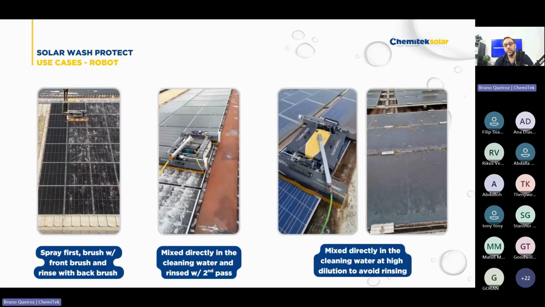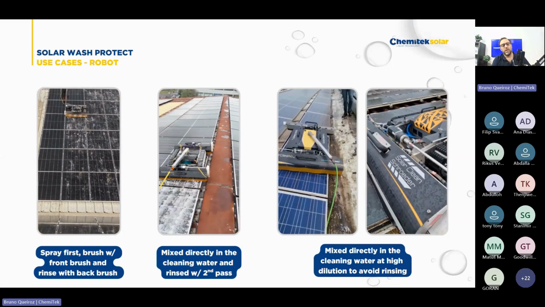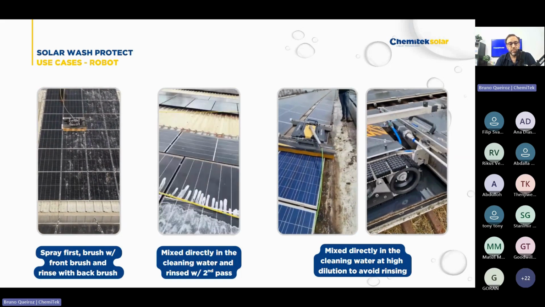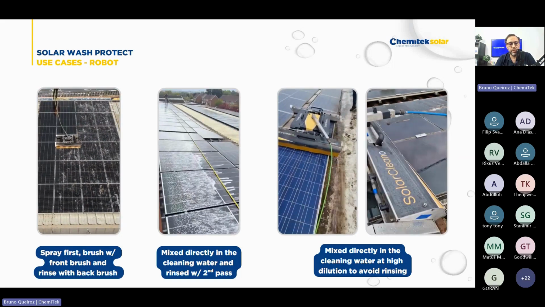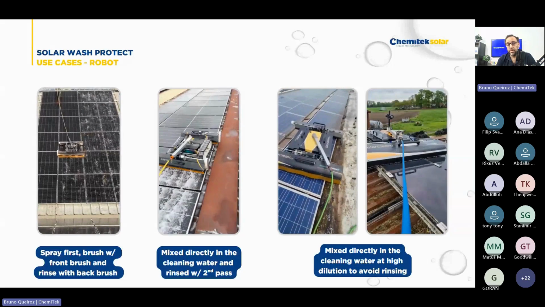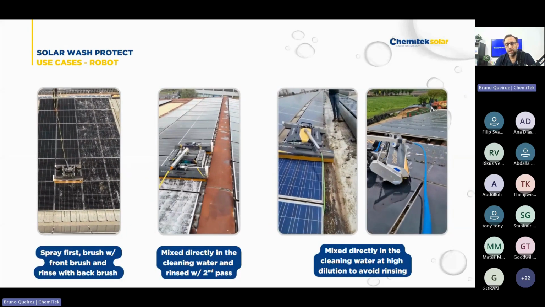When using a robot, there are also different options that you can use. You can spray first, like you see on the left. This is our friends from Ireland, Solar Clean Robotics, where they have a warehouse next to the sea with bird droppings.